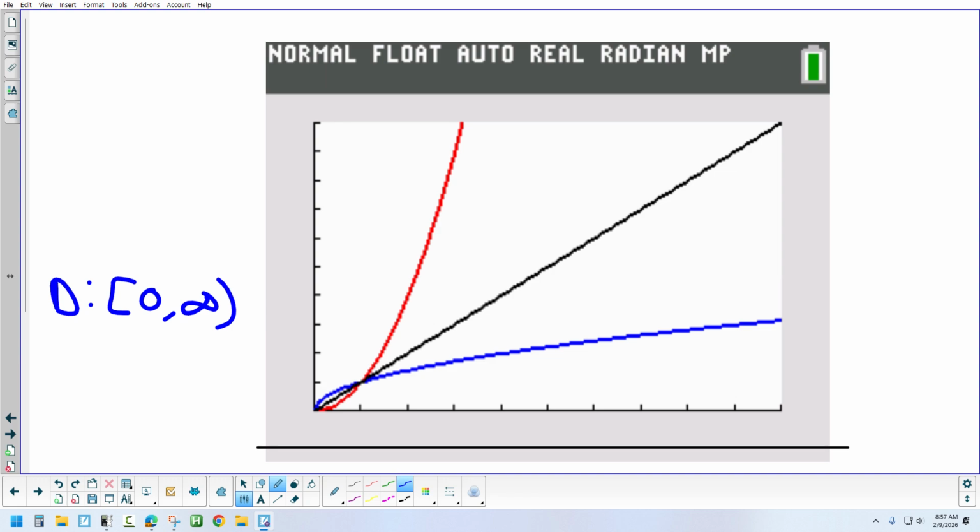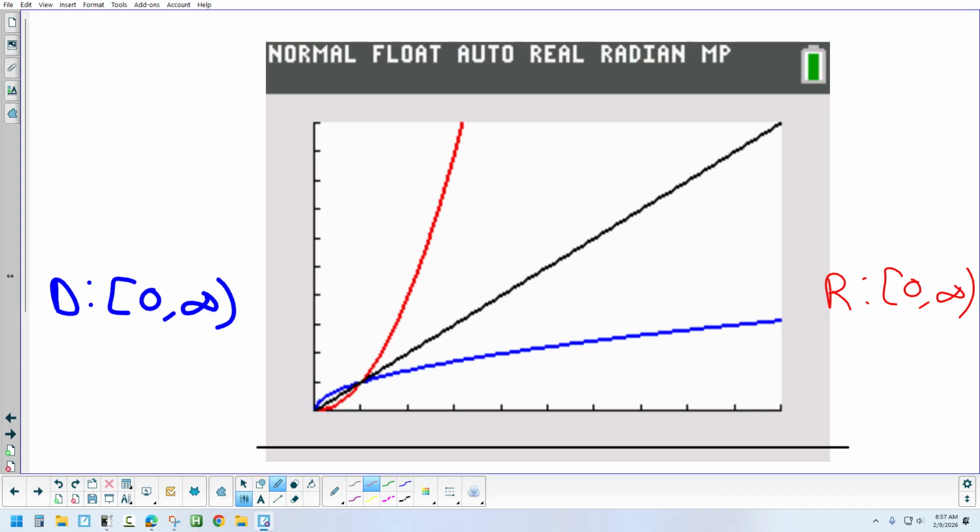But look at the range of the red graph. What do you notice about the range of the red graph? It's the same as the domain of the blue graph. Again, not the best example, but the domain of the blue graph is the same as the range of the red graph.